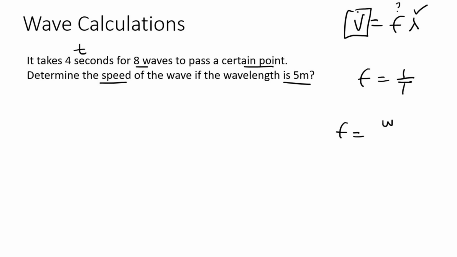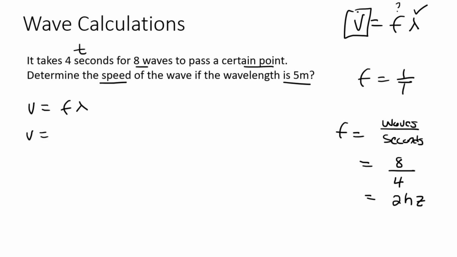We also know that frequency is the number of waves divided by the number of seconds. And so that's going to be 8 waves and 4 seconds, and so that's going to be 2 hertz. And so we can then use this formula by saying that it's 2 multiplied by the wavelength, which is 5. And so that's going to give us 10 meters per second.